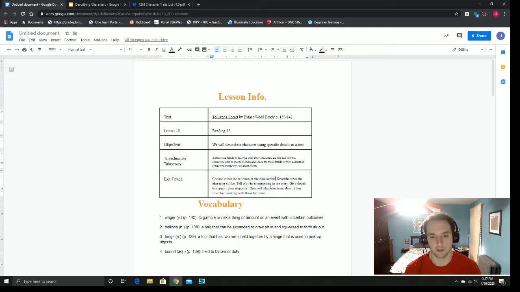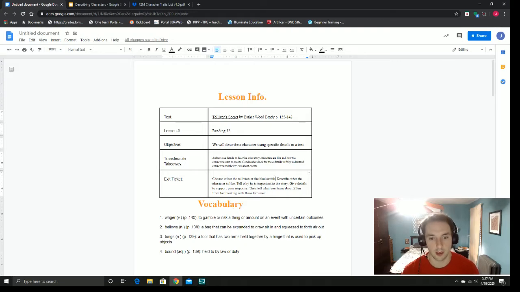A lot of times we think that they're in here for no reason, but they are. And so to become better at describing characters, we have to become better at focusing on those side characters, those characters that aren't quite as important to the main storyline, but still have some importance for being there.